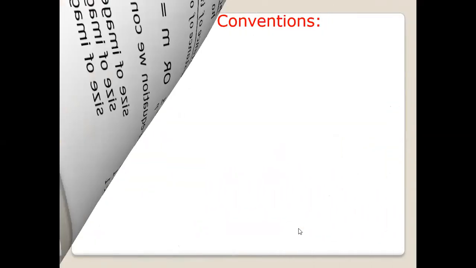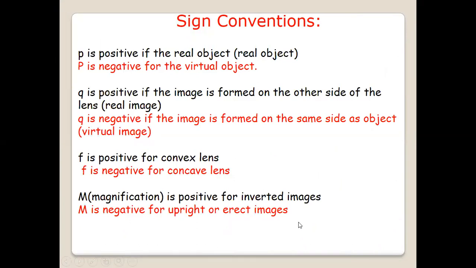First we are going to just again repeat the sign convention. P and Q are positive for the real objects and the real images. That is, real images are inverted, and the real objects are placed on one side of the lens, that have physical existence. P is negative for the virtual object, and Q is negative for the virtual images that cannot be obtained on the screen, that you can view in the lens only.